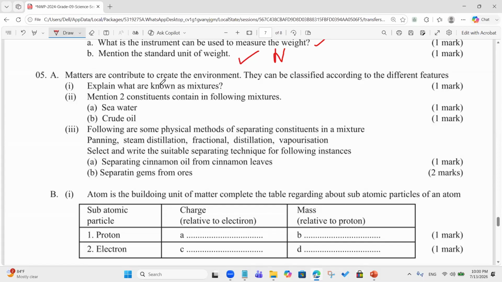Matter contributes to create the environment. They can be classified according to different features, right? Explain what are known as mixtures. First one, what are known as mixtures. Do you have an answer?